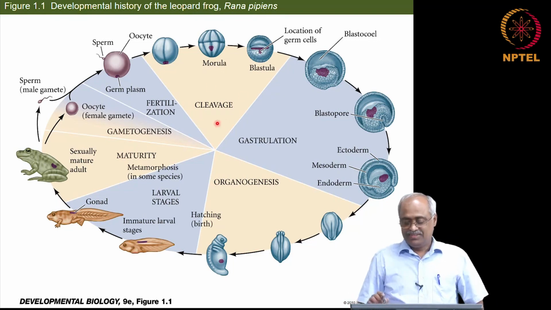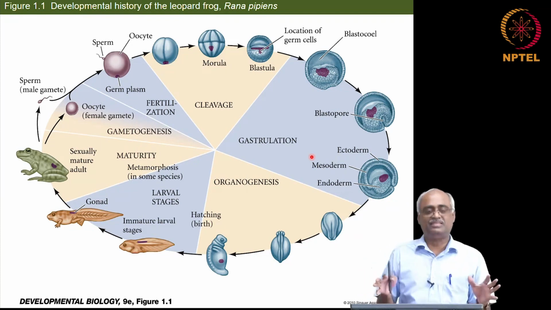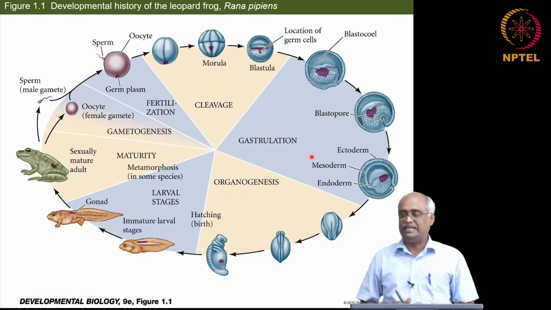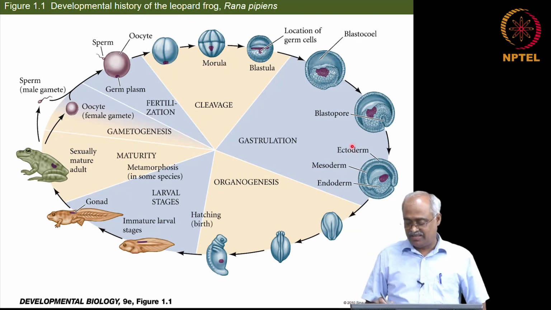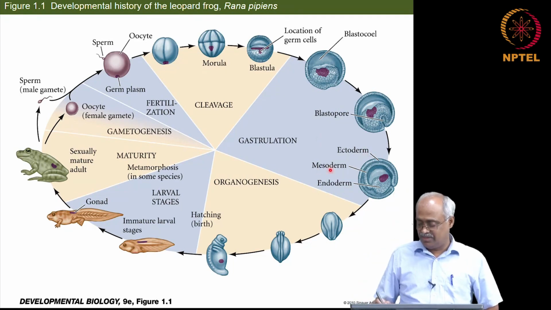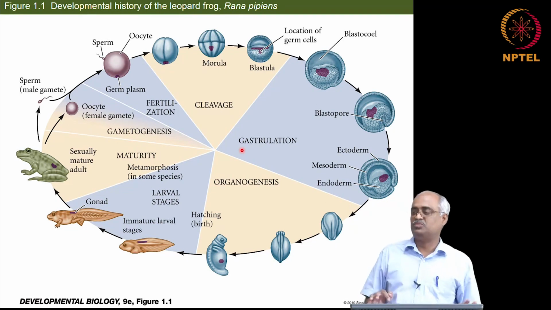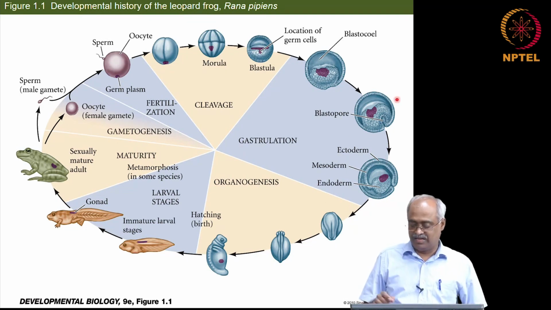Okay. So then the next one is these cells now undergo rearrangements. They migrate and rearrange themselves into three major layers. We call them germ layers: ectoderm, mesoderm, and endoderm. So these germ layers are formed by migration and rearrangement of these blastomeres, and that process is called gastrulation.